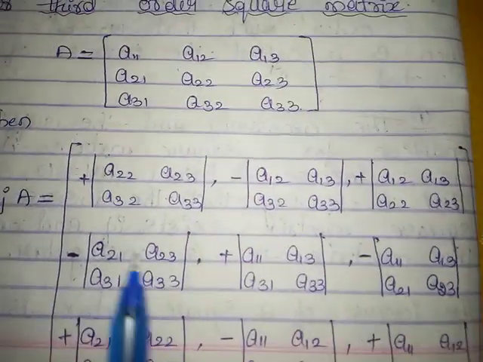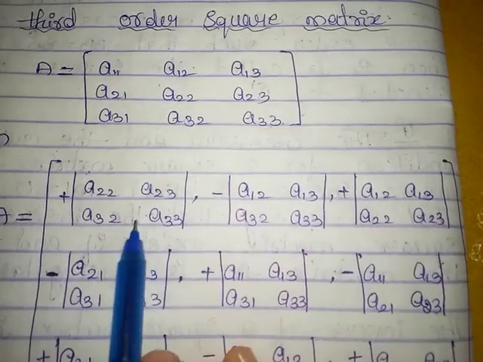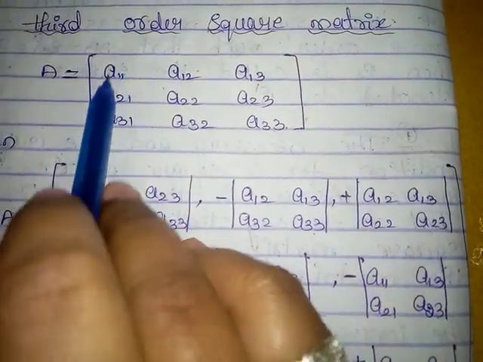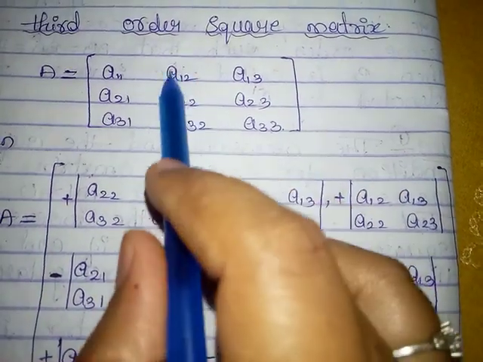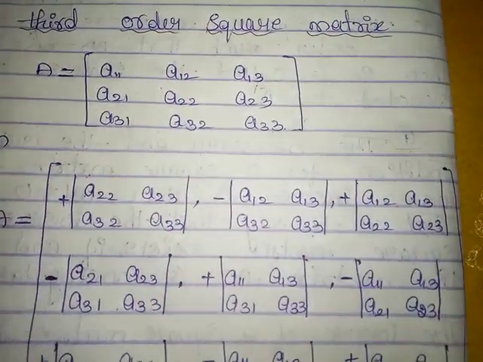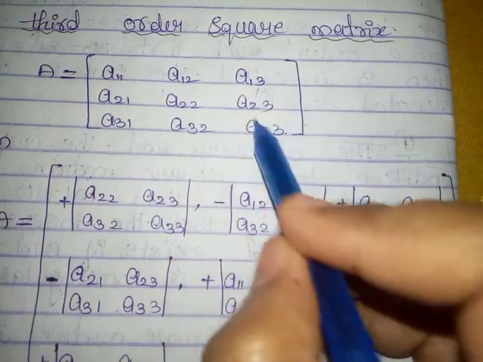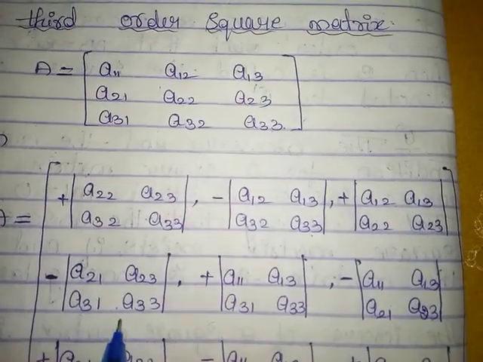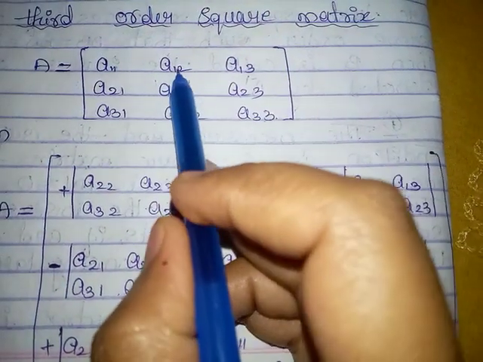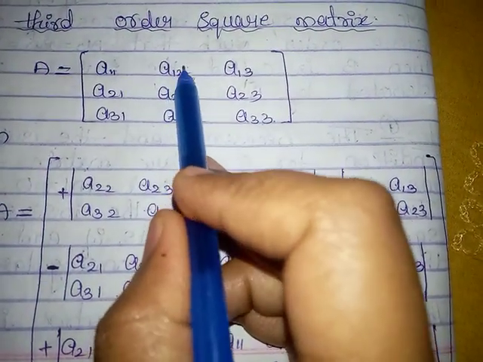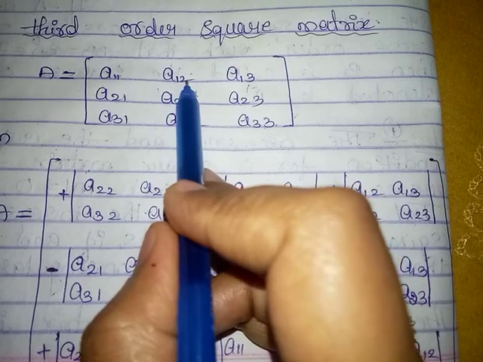Okay, similarly for the first row you have to take the first column elements, for the second row you have to take the second column, and for the third row, consider the third column elements. And here we are going to the second row, so consider the first column, second element, that is A12.